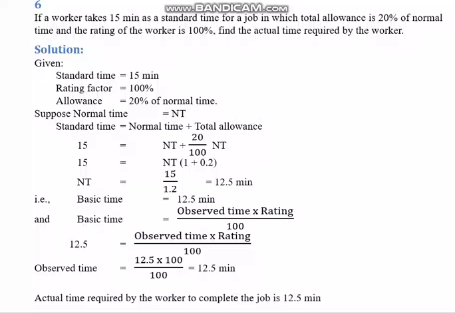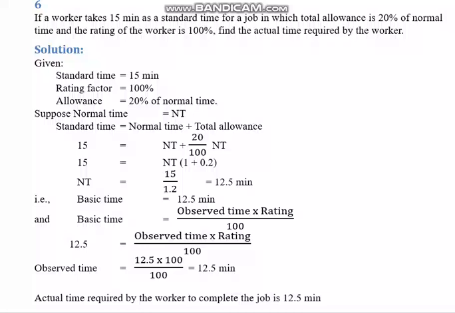Let us see another problem here. The problem states: if a worker takes 15 minutes as a standard time for a job in which total allowance is 20% of the normal time and the rating of the worker is 100%, find the actual time required by the worker. Now it is the reverse they are asking.